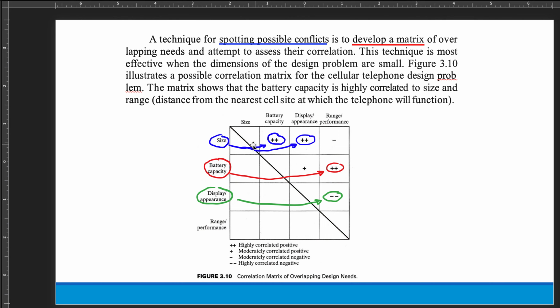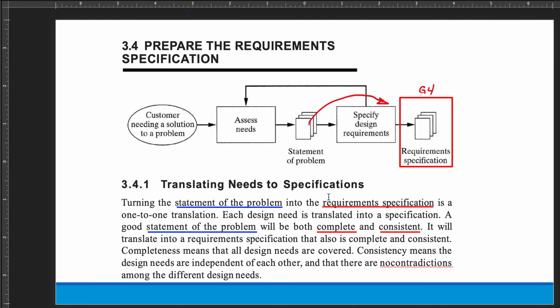That has a strong correlation that's indicated by the double plus. Battery capacity and display has only a smaller amount of correlation, and display and range has negative correlation, indicating that it would be weighed in the negative manner. So that's a kind of chart, or matrix, that you can develop.